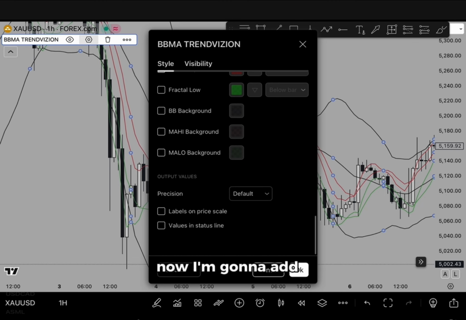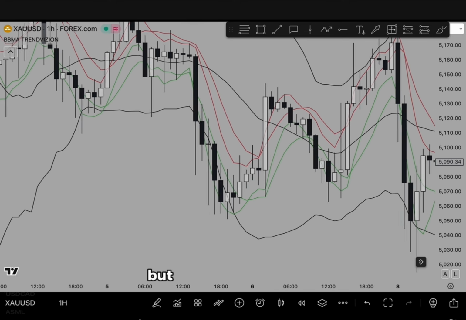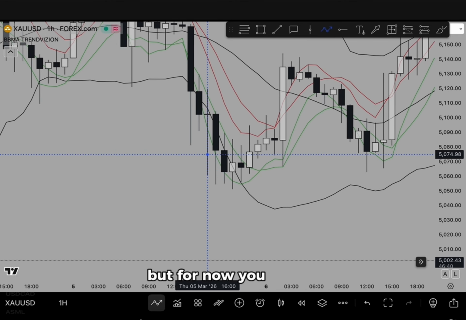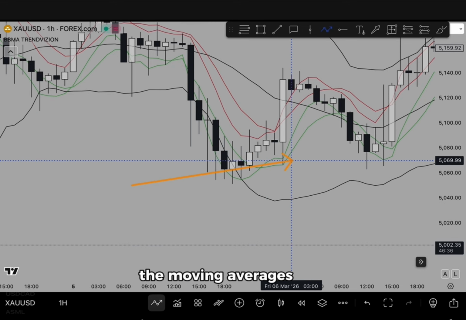I'm going to add a shadow in between later so you can see it more clearly, but for now you can see the moving averages, right?